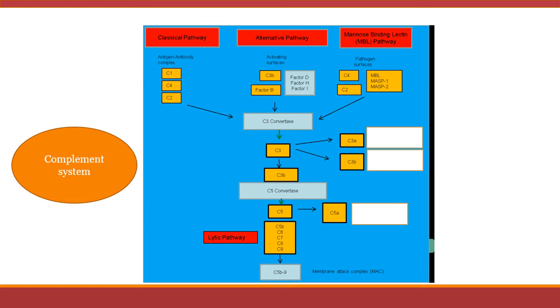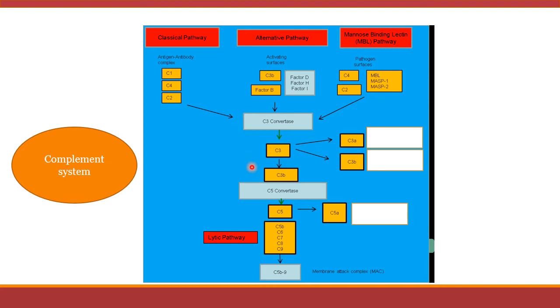So the complement is a part of the immune system that helps clear microbes and any damage resulting from an organism or an attack that will result in inflammation. This system is comprised of proteins that are mainly synthesized by the liver, and they circulate inactively in the circulation. And at some point, if they are activated, they will result in a cascade of events.